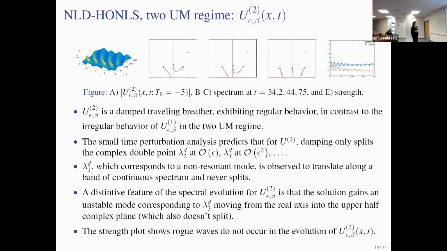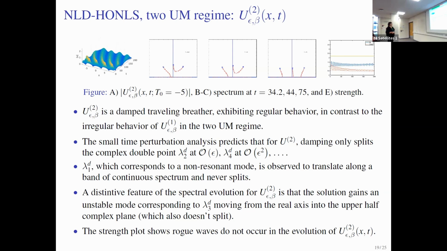This X here, I have to get closer to get it, so I guess it's hard for you to see. But this larger X here on the band of spectrum is the complex double point lambda 1. And so basically all it does is just translate around on the curve of spectrum. It doesn't split or do anything. So you're keeping that double point throughout the evolution, in the experiment.